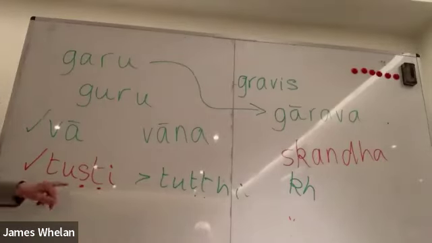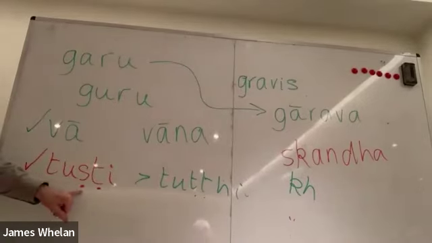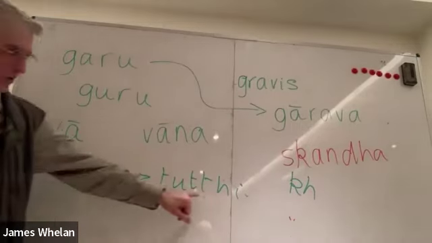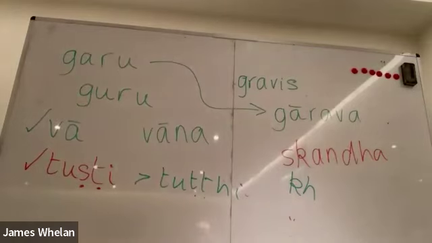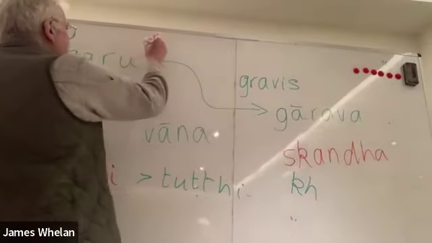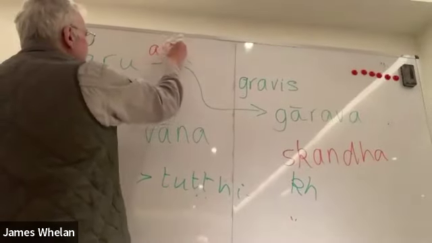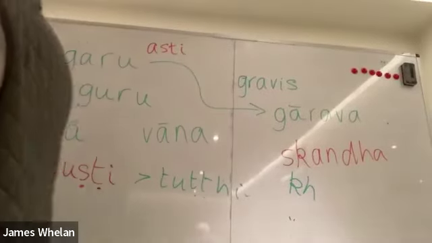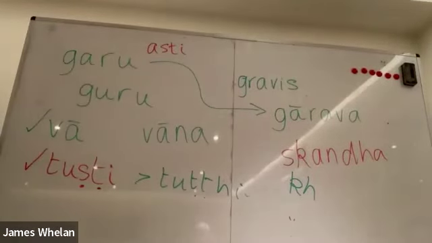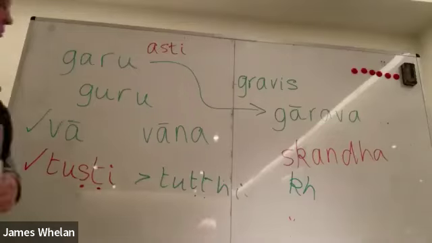So we've got this consonant cluster which resolves itself into a double consonant. But in addition to that, because the S is dropped there, or sh in this case, it's compensated for by making it aspirated. And for example, the simple Sanskrit asti means is, cognate with the Latin est, German ist. What happens here?